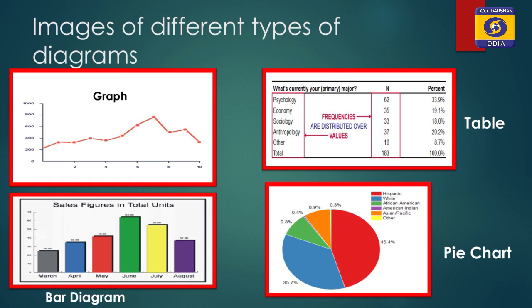So, now if you get a paragraph like this and you are asked to draw a diagram, in that case you will ask yourself, since the information can be classified under three broad categories like income, expenditure and savings, in this case we should draw a table. So, what you have to do? You have to draw a table, but remember, while you are drawing a diagram, never forget to give a title. So, you just write a title: the income, expenditure and savings of a daily laborer.